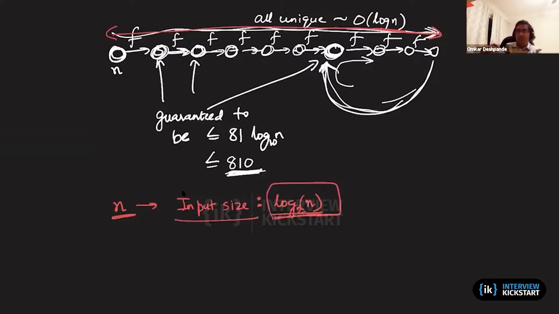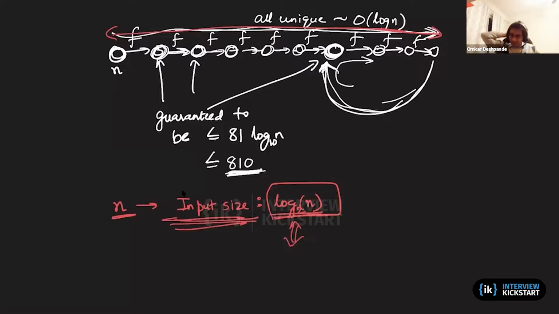When you say I'm using log n space to store the hash table, it's like saying I'm using order of input size auxiliary space. So it's actually significant in terms of the input size.